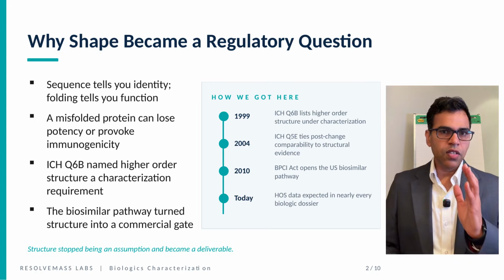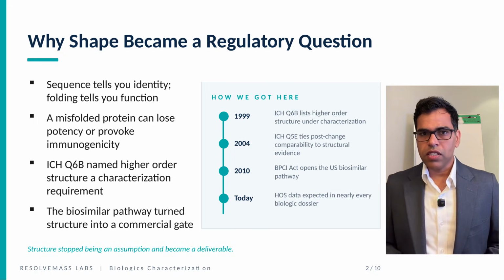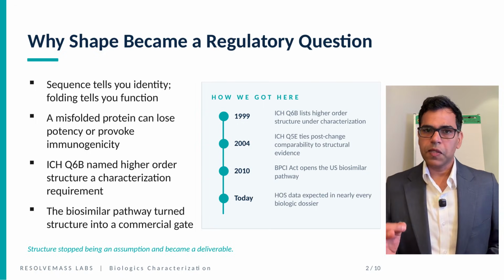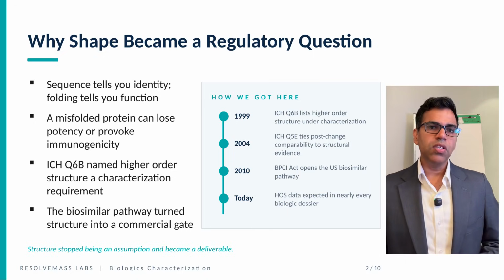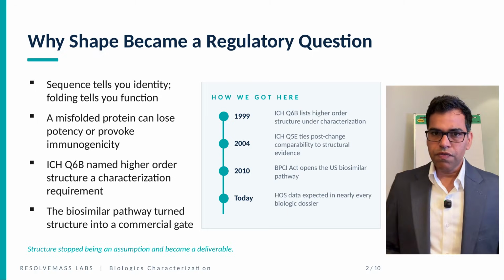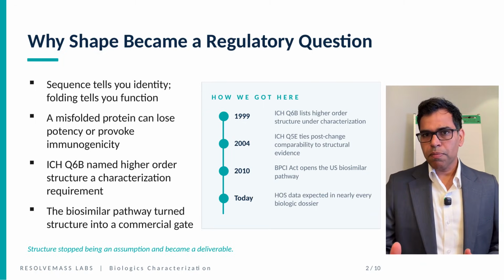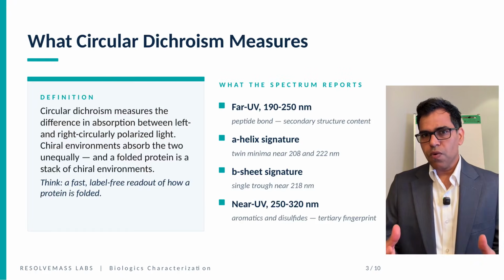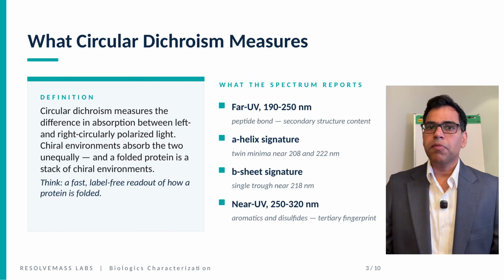Regulators worked that out during the first wave of well-characterized biologics, and it went into writing in ICH Q6B, which named higher order structures something you characterize rather than assume. Q5E followed for manufacturing changes. Then the biosimilar pathway opened, and proving that two proteins fold alike stopped being academic and became commercial.